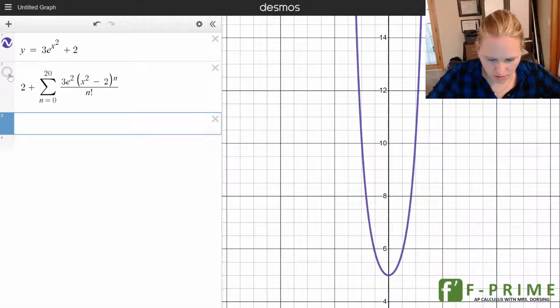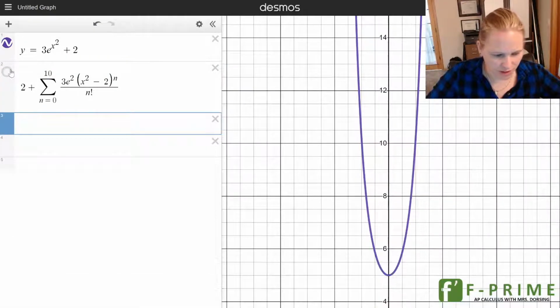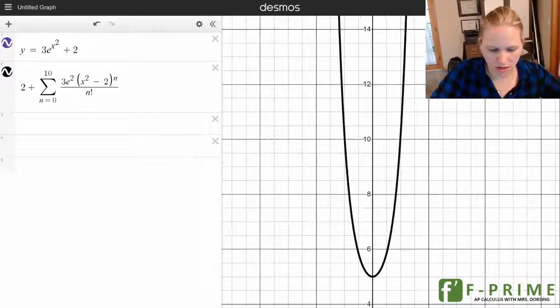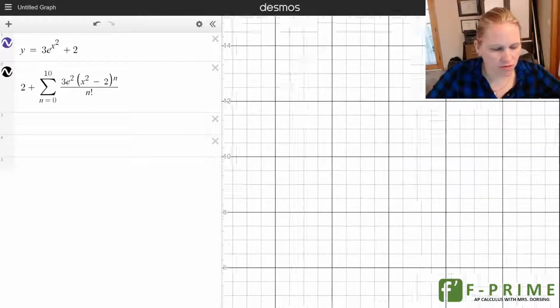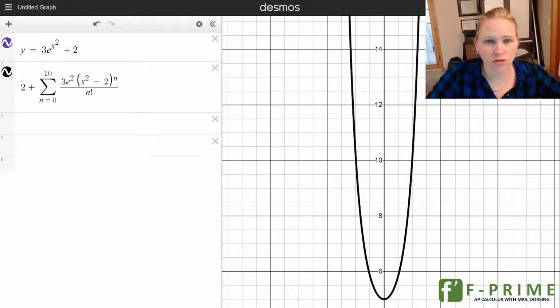You can see off and on, off and on. Now it does take a little while, so if I reduce this down to like 10, it might go a little faster, not much. But you can see that they do converge. It does line up quite nicely when I do this right. And so literally it's just a matter of distributing 3 to each term and then tacking a 2 onto the end. So that's what this sigma notation does.